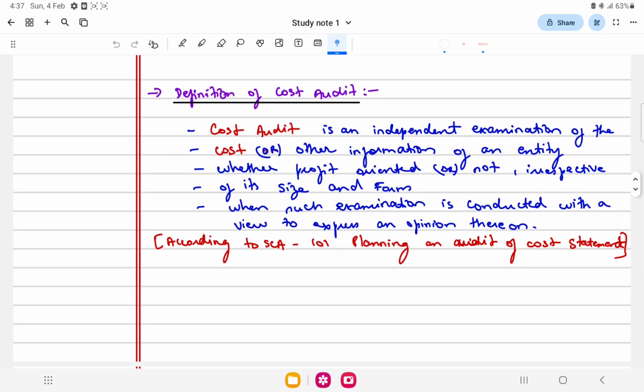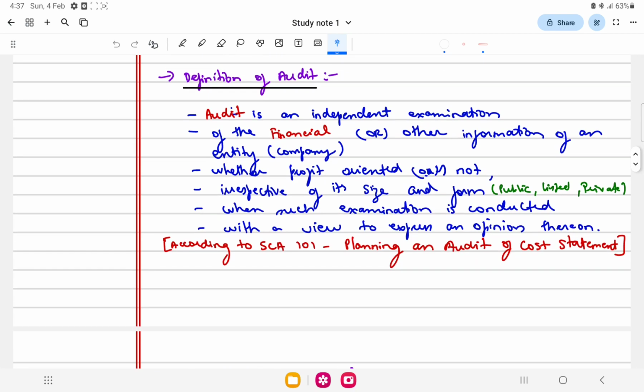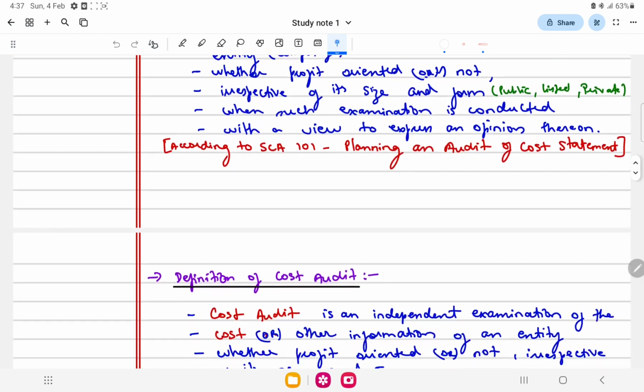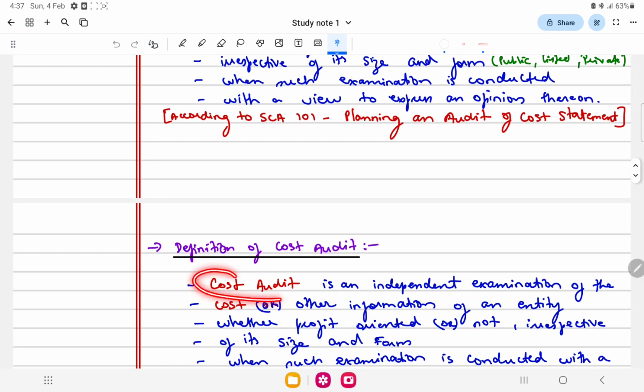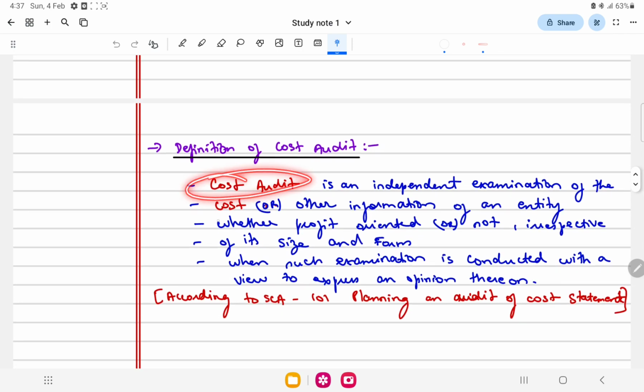We'll move to the next definition, which is the definition of cost audit. Between the definition of cost audit and the definition of audit, there is only a small change. Under cost audit, we start as cost audit. Other terms remain the same. Audit is an independent examination of financial information, whereas cost audit is an independent examination of cost information of an entity.